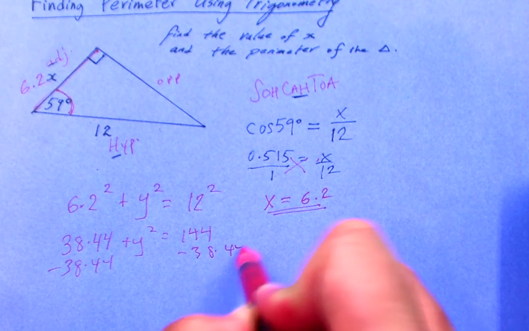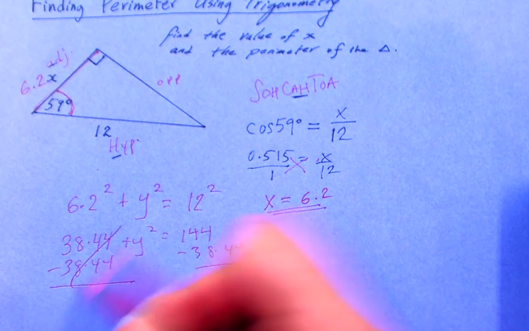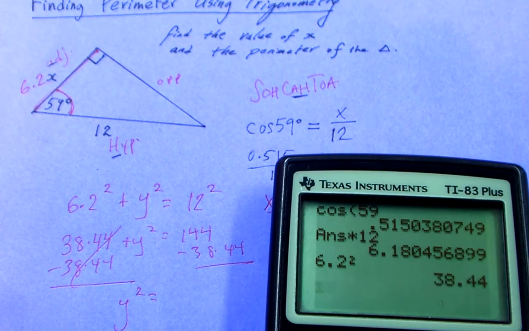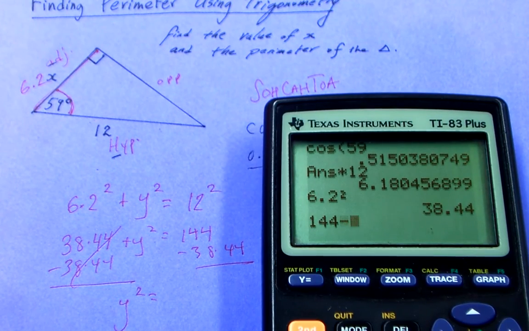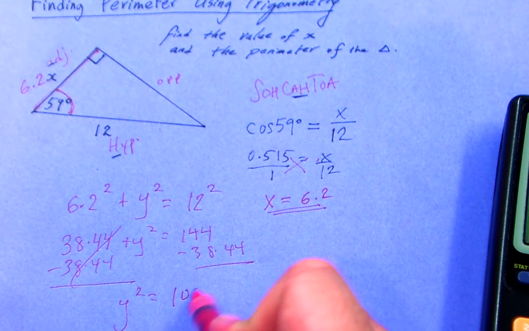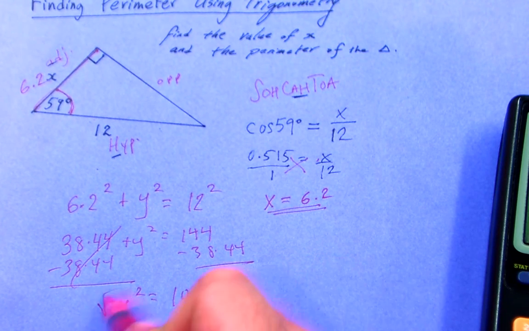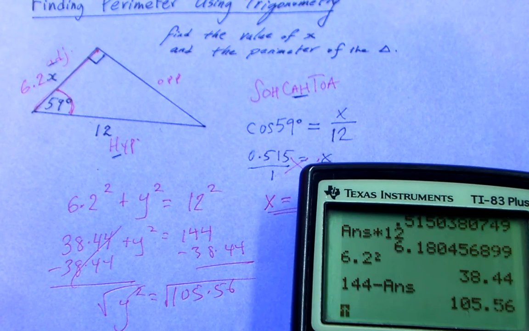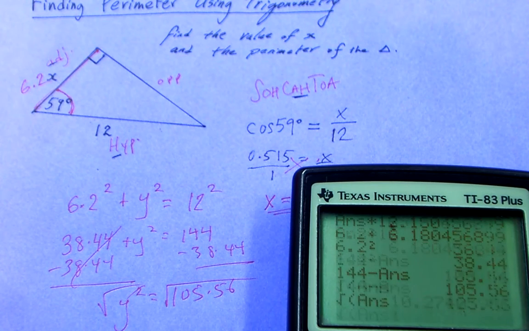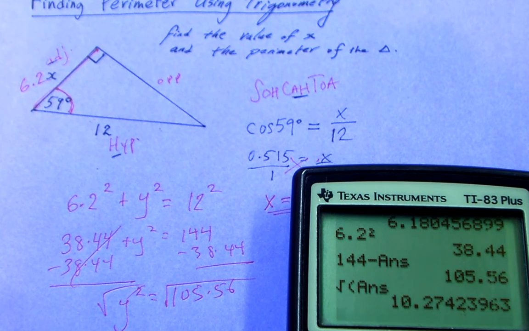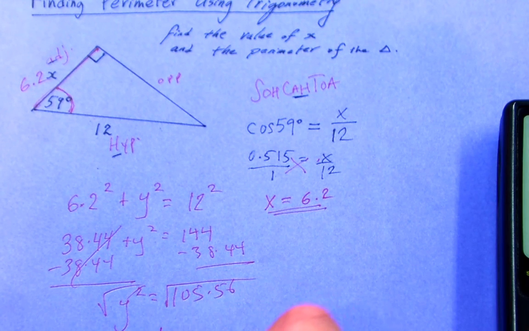I'm going to do it to both sides, leaving me with y squared is equal to 105.56. Square root both sides to isolate my variable. y is equal to approximately 10.3. So I'm using one decimal place there just for clarity's sake. So that's 10.3.